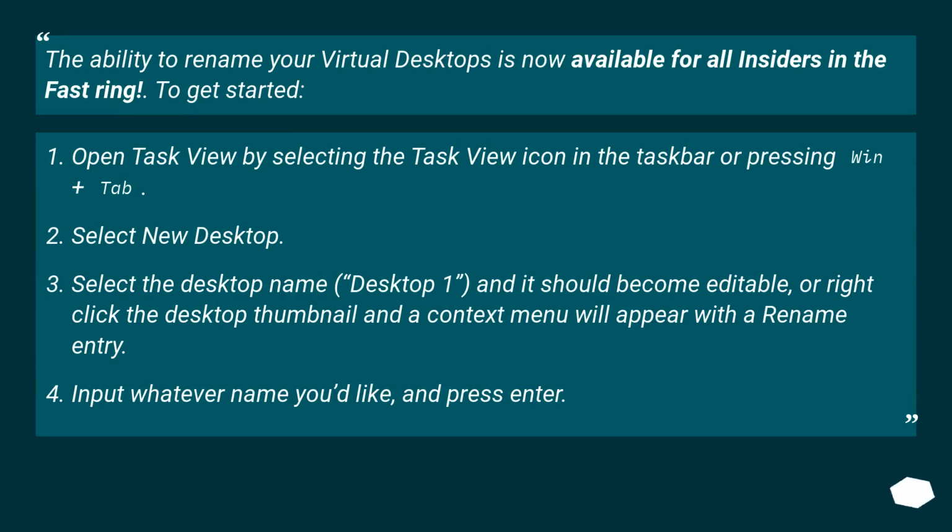To get started, open Task View by selecting the Task View icon in the taskbar or pressing Win+Tab. Select New Desktop. Select the desktop name, Desktop 1, and it should become editable, or right-click the desktop thumbnail and a context menu will appear with a rename entry.